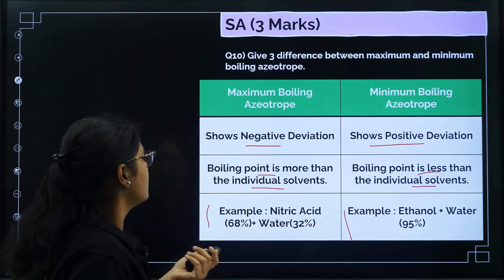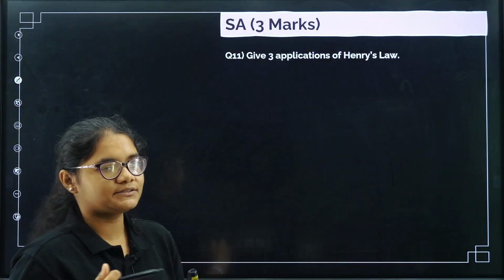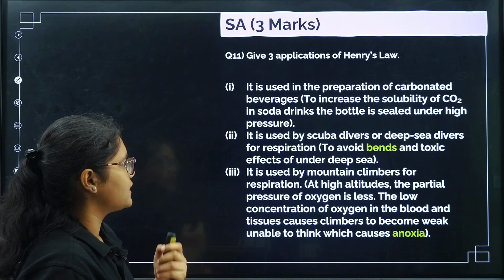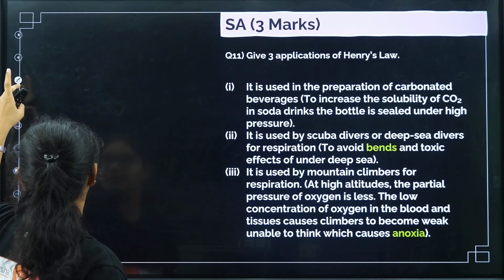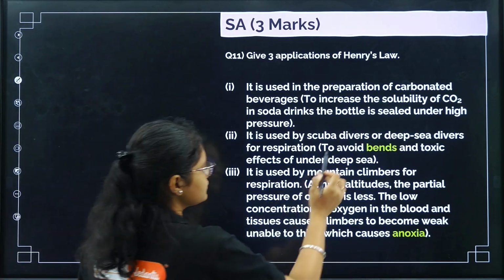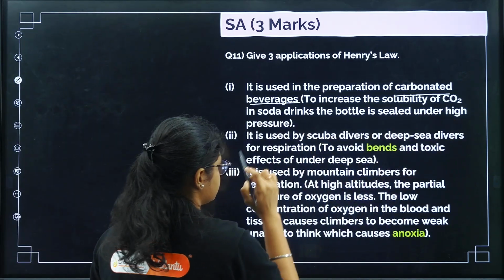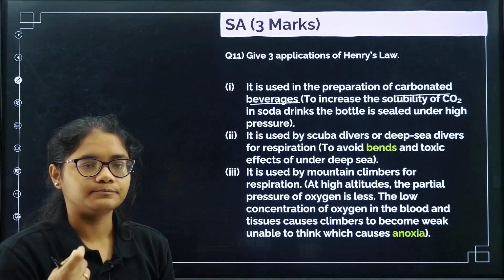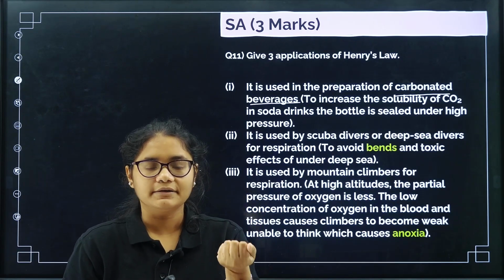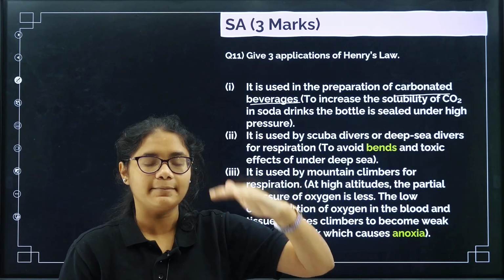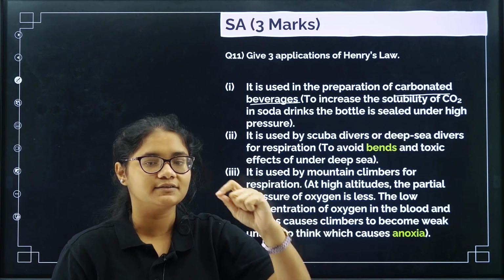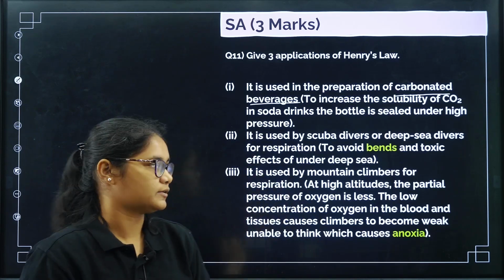Okay, fine. Next, applications of Henry's law. Here are the 3 applications. First one you should remember: it is used in carbonated beverages. Cold drinks are kept under high pressure to increase the solubility of carbon dioxide.